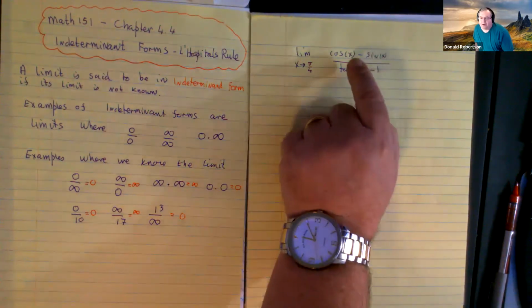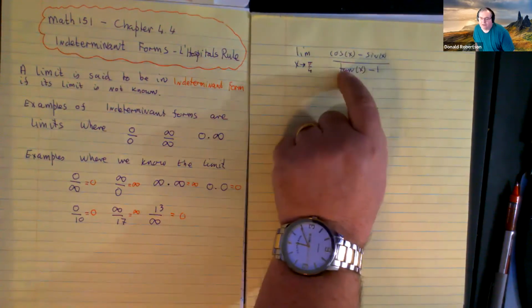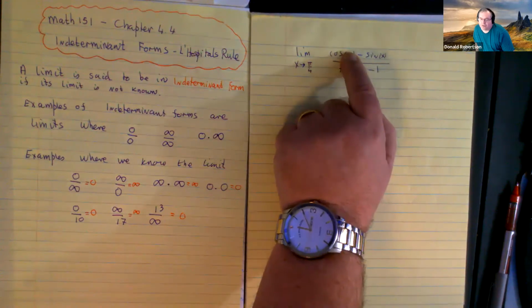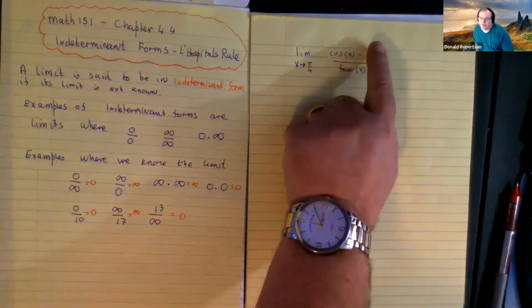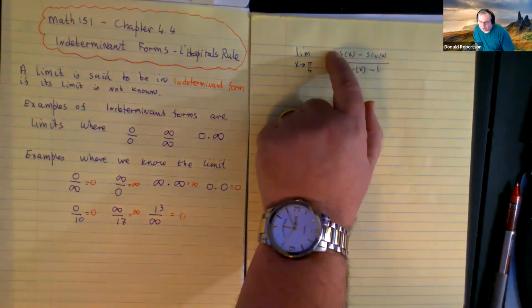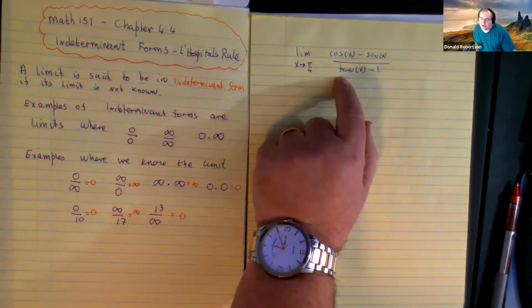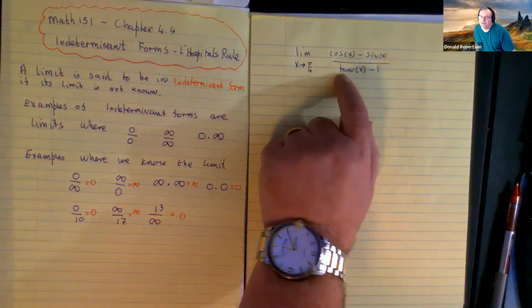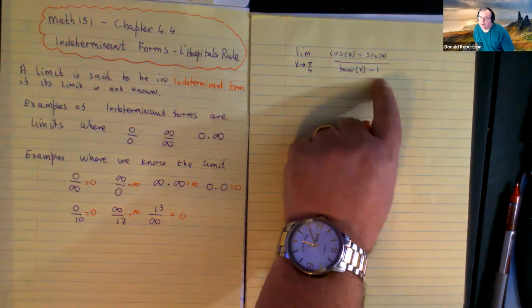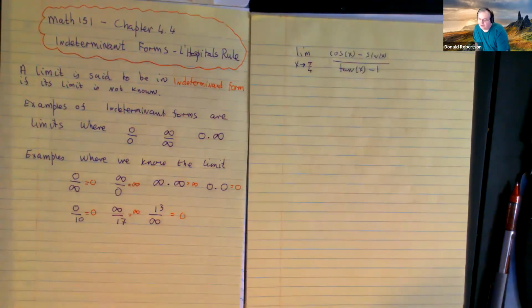Now, if I plug pi upon 4 into each of these guys, you get root 2 over 2, take away root 2 over 2, so that's 0 on the top. The tan of pi upon 4 is 1, so 1 take away 1 gets you 0 on the bottom. 0 over 0, right? Indeterminate form. That means I can use L'Hopital on it.